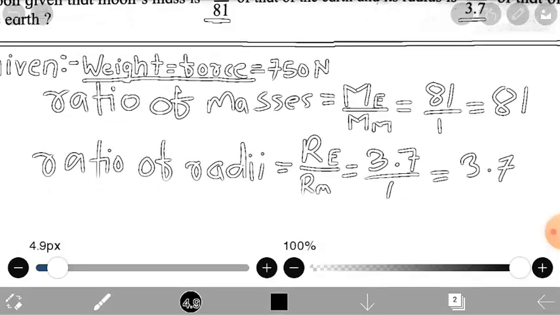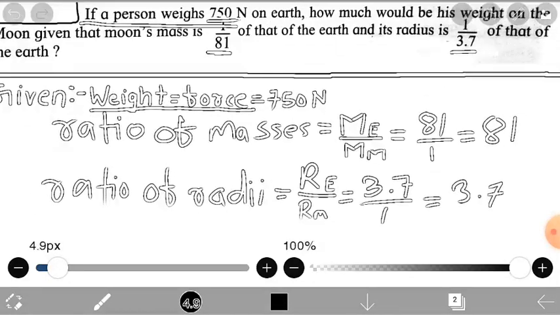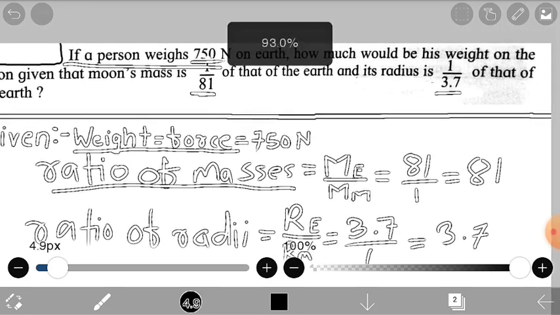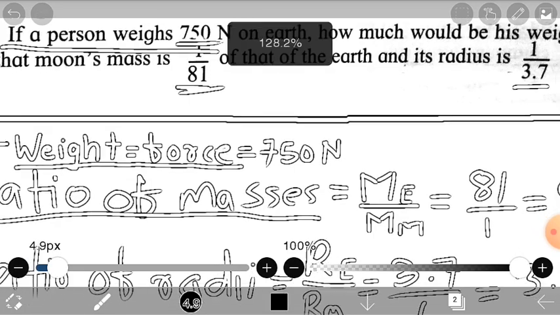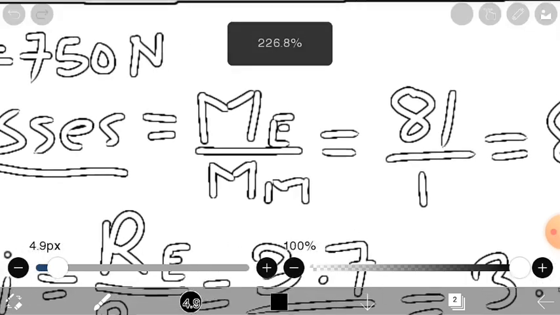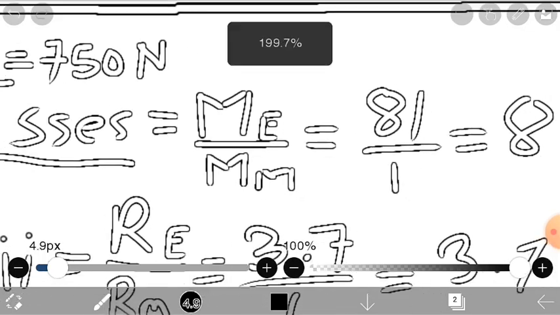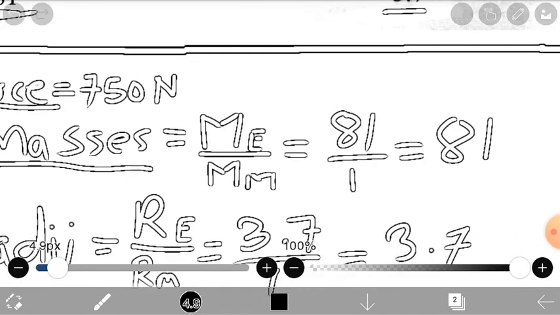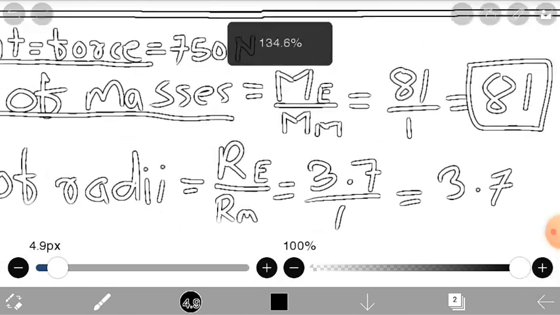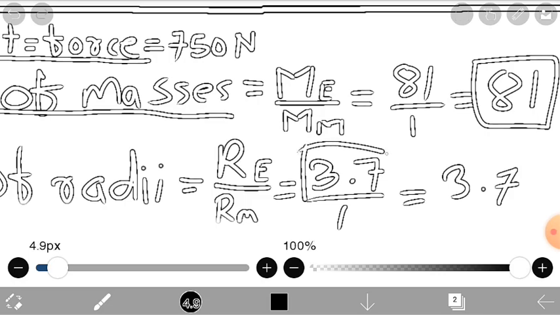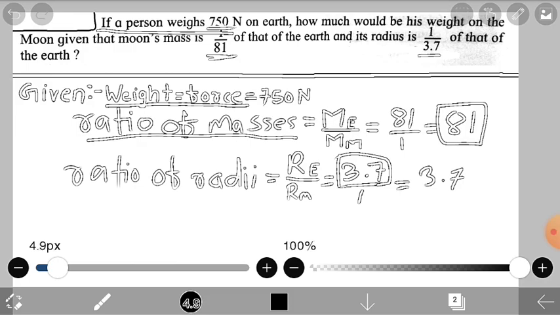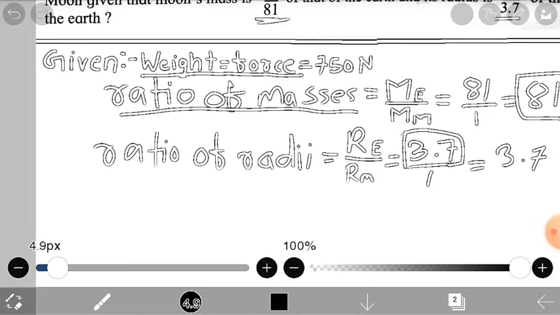Therefore ratio of masses, that we have written here is given in the question, that is 1 upon 81. As the mass of earth is 81 times the mass of moon, therefore we can write it as only 81. Same with this, that radius of earth is 3.7 times the radius of moon, that is greater than moon, therefore we can write it as 3.7.